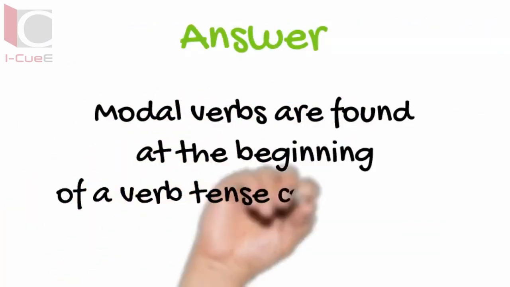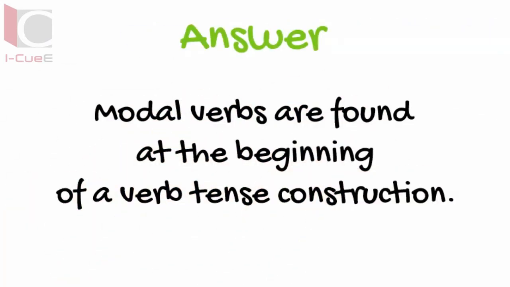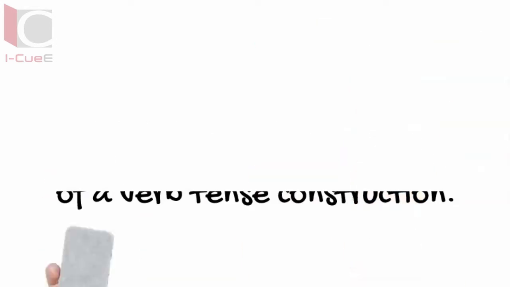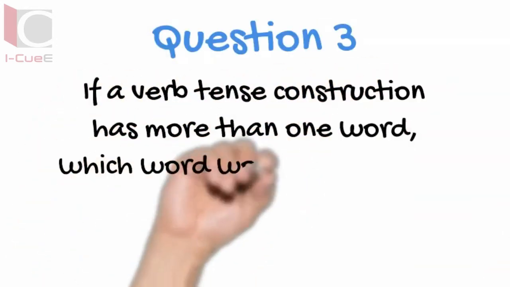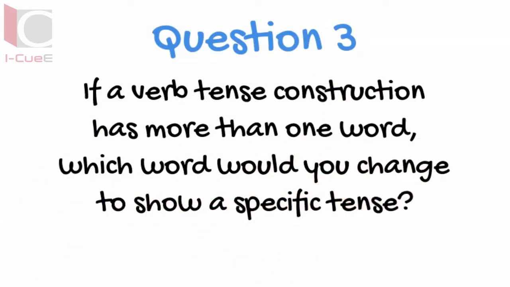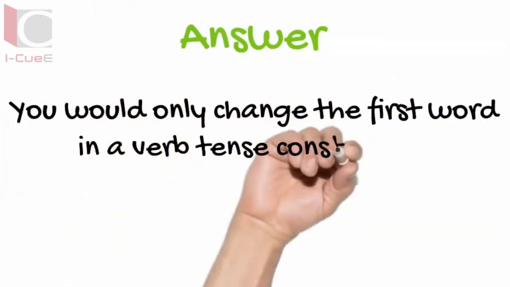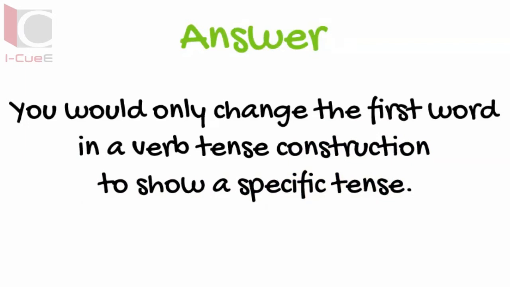Modal verbs are found at the beginning of a verb tense construction. If a verb tense construction has more than one word, which word would you change to show a specific tense? You would only change the first word in a verb tense construction to show a specific tense.